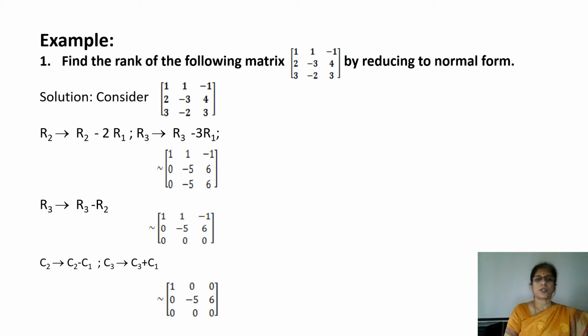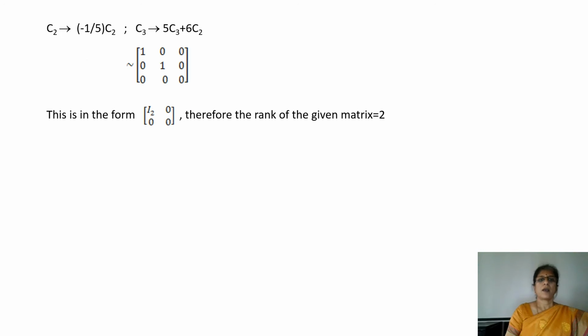With these two operations, we obtain the matrix with the elements 1, 0, 0, 0, minus 5, 6, 0, 0, 0. And C2 changes to minus 1 by 5 times C2, and at the same step C3 changes to 5 times C3 plus 6 times C2.